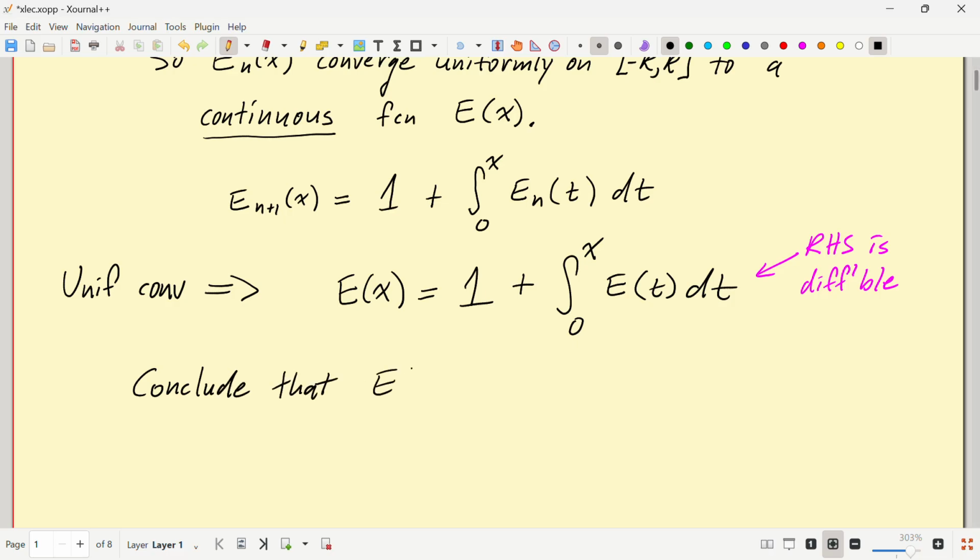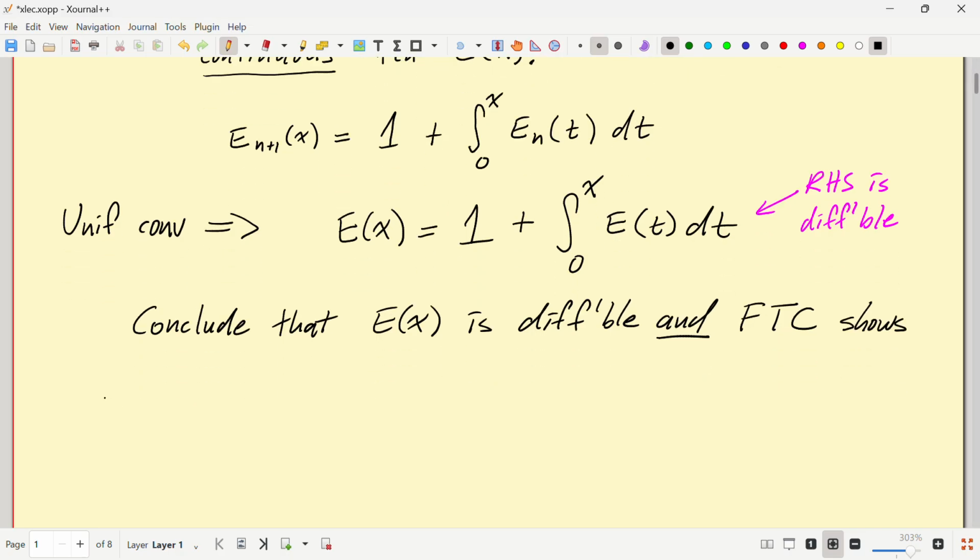And furthermore, the fundamental theorem of calculus shows that the derivative E prime of x would be the derivative of 1 plus the derivative of that integral from 0 to x. And the fundamental theorem of calculus says that that's equal to E of x. Okay.